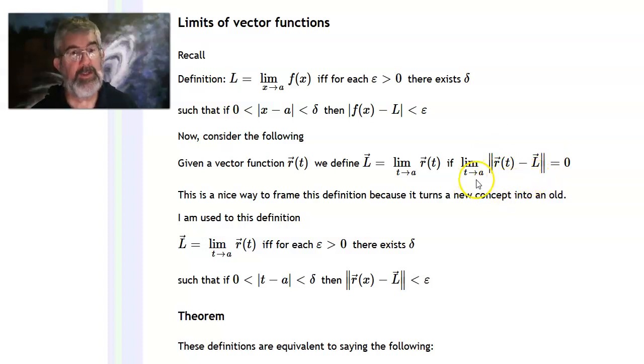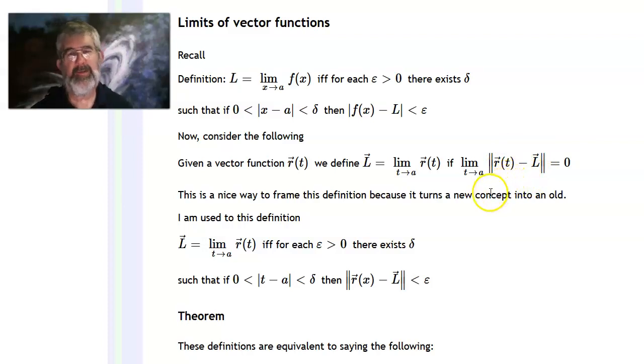You give me a value of t, I can calculate the position vector r of t, subtract L, that gives me another vector, then take the length of it. Well, the length of it is just a number. So the process was you give me a value of t, I give you a number. That's a function. So the notion of the limit of this vector valued function boils down to the limit of the length of some other vector valued function, so it's a real valued function.